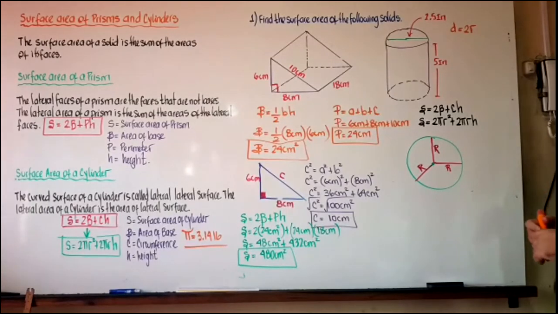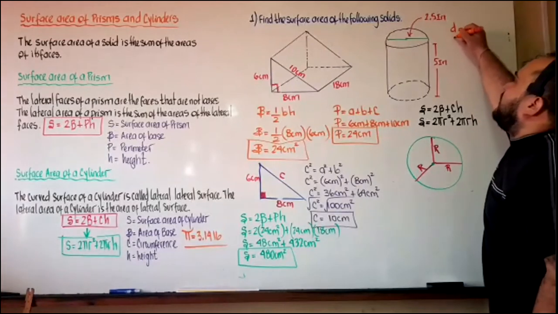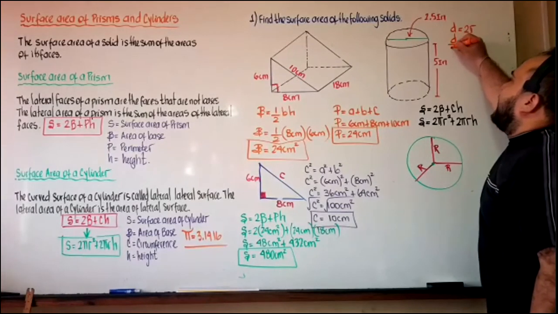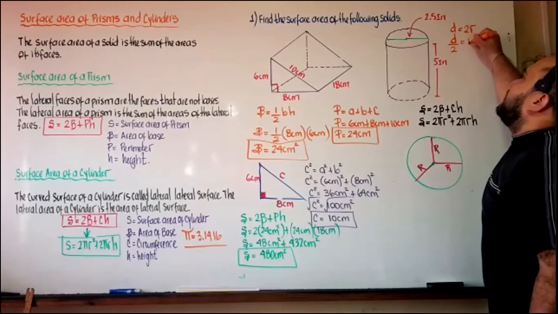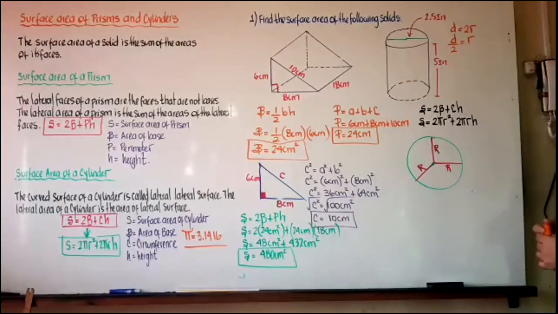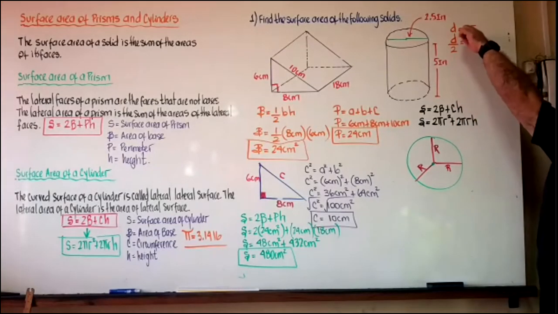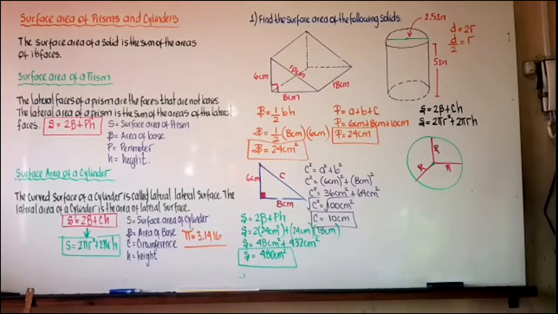And if you want to know the value of the radius, the only thing we have to do is divide the diameter by 2, because this number is multiplying, so we have to divide.